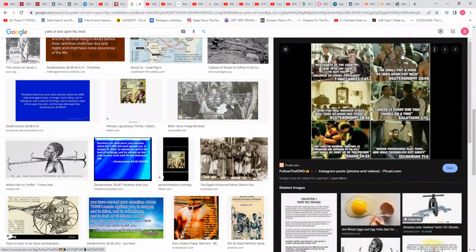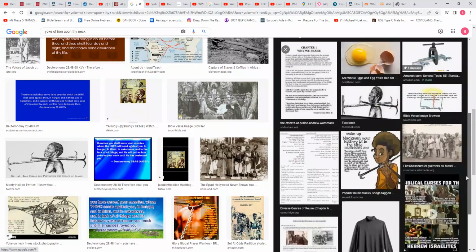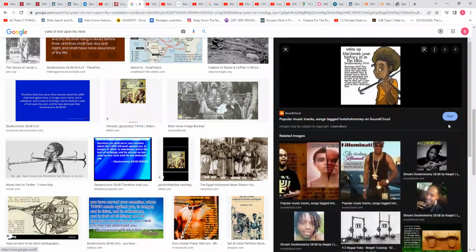This is from the movie Amistad. And the people of Amistad, that story, that account, they were Israelites. Wake up, black man. Your history is in the Bible.